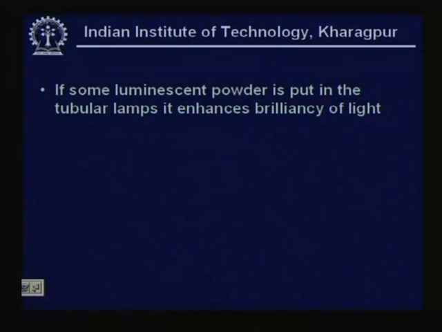If some luminescent powder is put in the tubular lamp, it enhances the brilliancy of light. That is what we have seen. What does it do? This powder is nothing but the phosphor that converts the UV radiation into the visible zone.